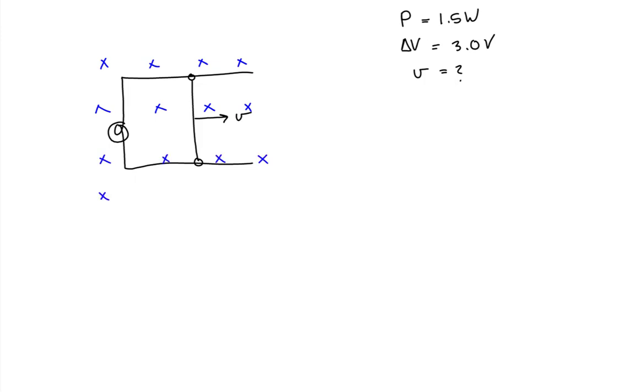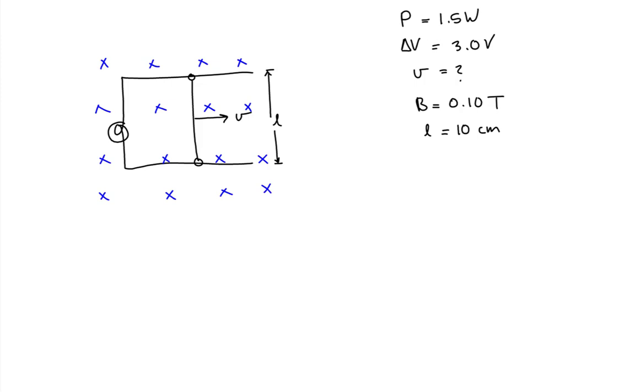So we are depicting that this magnetic field is pointing away from us. And the magnitude of the magnetic field is given as 0.10 Tesla. Another bit of information that we're given is that the length of the wire that connects the two rails attached to our light bulb is 10 centimeters in length.